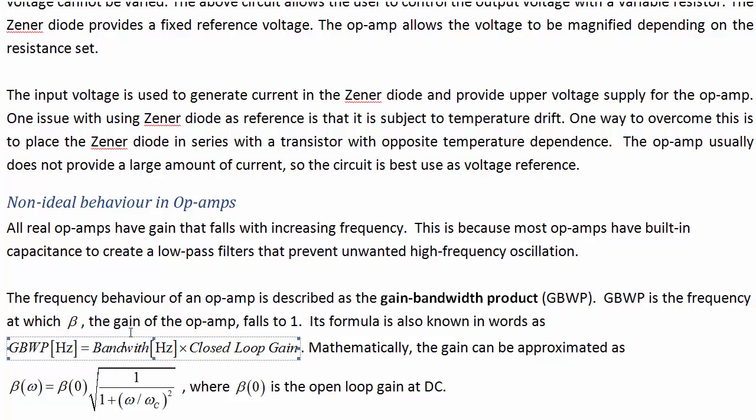So, for example, let's suppose that the gain bandwidth product is 1 megahertz. Really at DC the gain is quite a lot higher. If you were to make a closed loop circuit that has a gain of 1, then it would behave like that up to 1 megahertz, right?